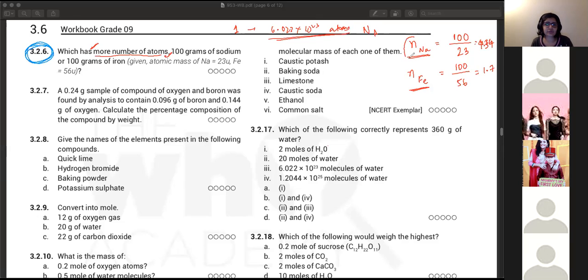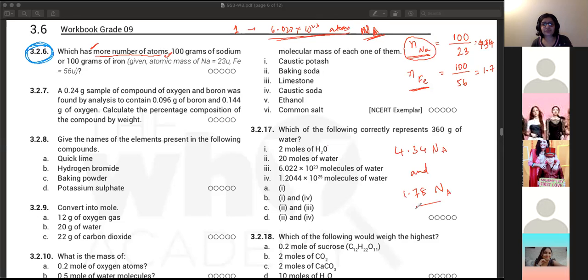Whatever the number of moles is, you multiply it by the same Na. So you compare 4.34 Na with 1.78 Na.